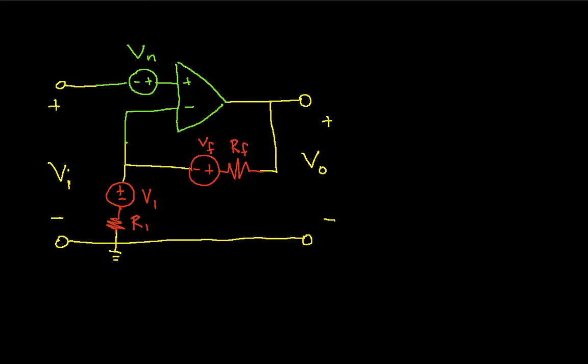Okay, so what we want to get is the total noise output at the output of the op-amp circuit due to each of these three different noise sources. So again, we've got the op-amp noise, we've got the noise due to R1, and the noise due to Rf. Now, again, these are RMS values, and so we can't just do the analysis and add everything up.